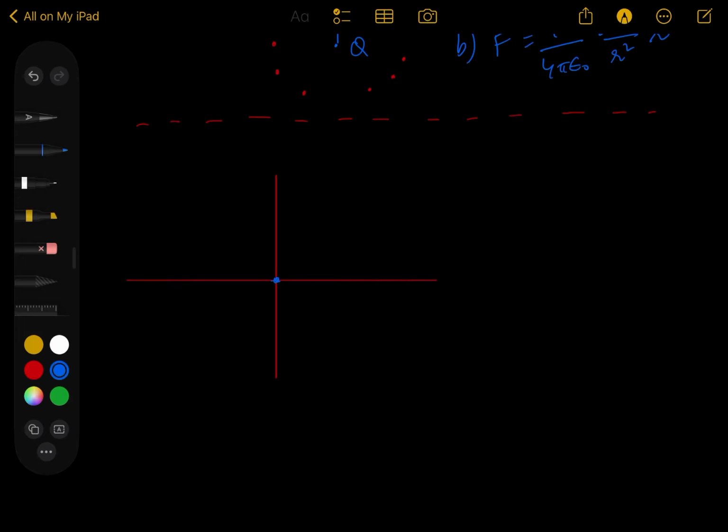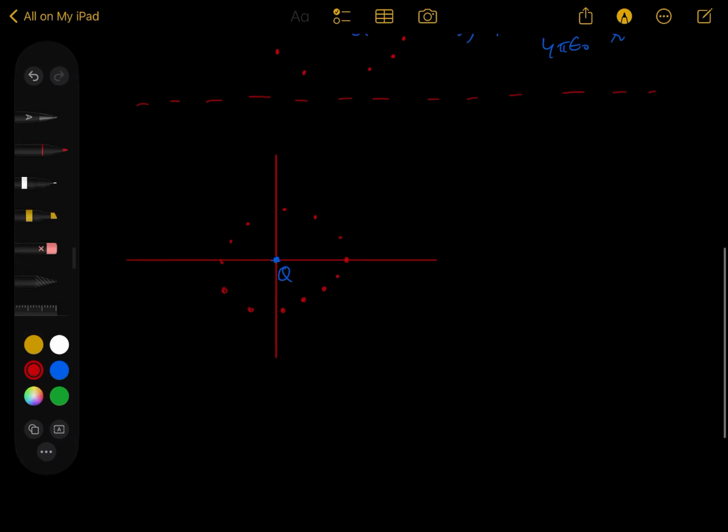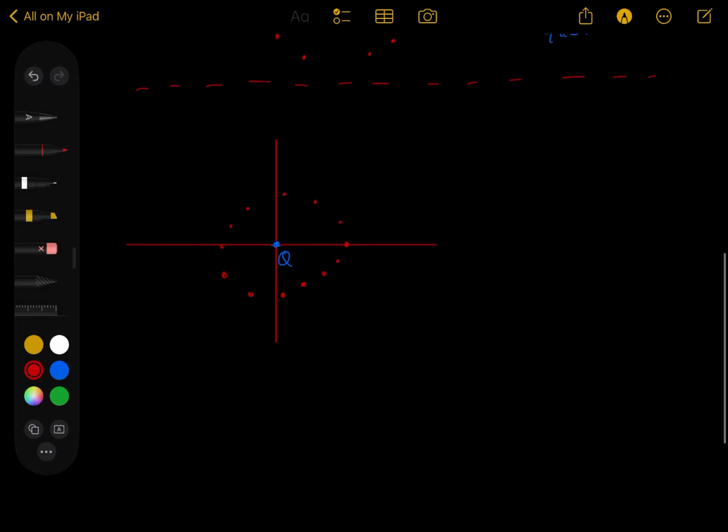Say we have our test charge again, and we have 1, 2, 3, 4, 5, 6, 7, 8, 9, 10, 11, 12, 13. That's supposed to be a circle. Please ignore the terrible drawing.